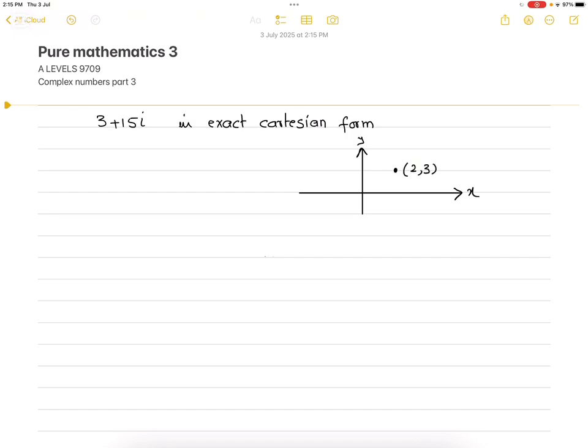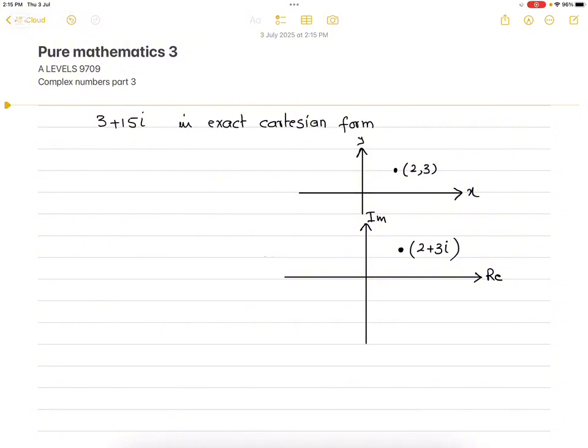A complex number would be written in the same way, but there would be a little difference. Instead of writing x-axis and y-axis, we will write the real axis and the imaginary axis. We discussed this in our first part, complex numbers part 1. Suppose my point is written as 2 plus 3i. So 2 is my real part and 3i is my imaginary part.